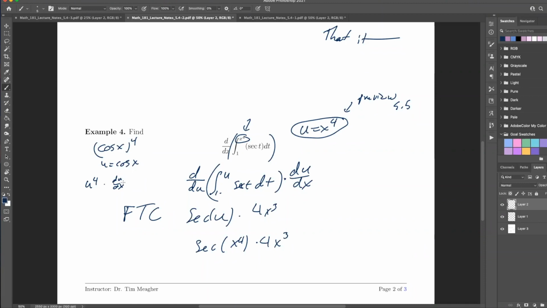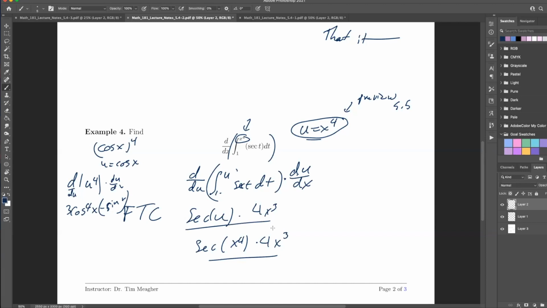So if we took the derivative, this turned into 4 cosine cubed x, and then the derivative of cosine will be minus sine, so minus sine of x. Remember how we did this? We're doing the same thing here now with the integral. So we're going to replace this with a u. This turns into just secant u, and then we multiply by the derivative of what we did here. Hopefully that makes a little bit more sense.